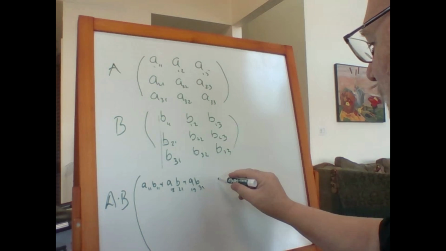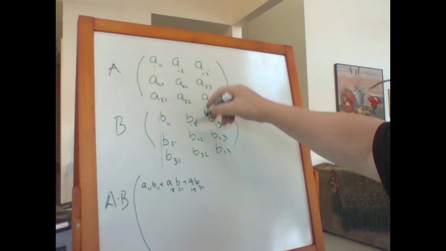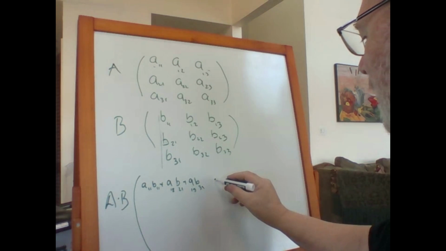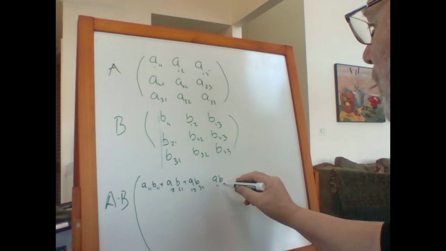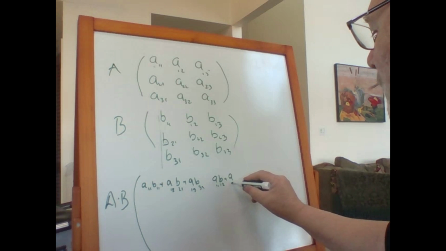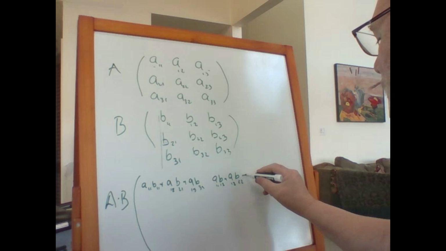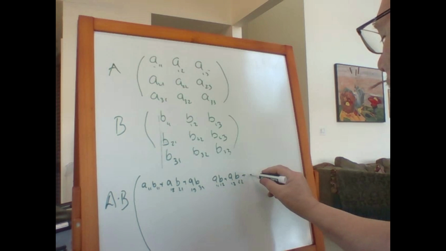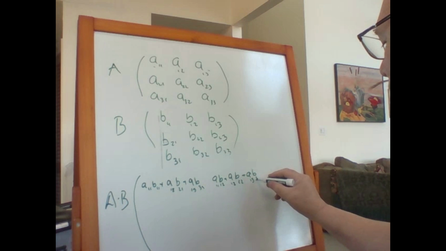Now you can see our second position is this row times that column. So that's A1,1 B1,2 plus A1,2 times B2,2 plus A1,3 B3,2.